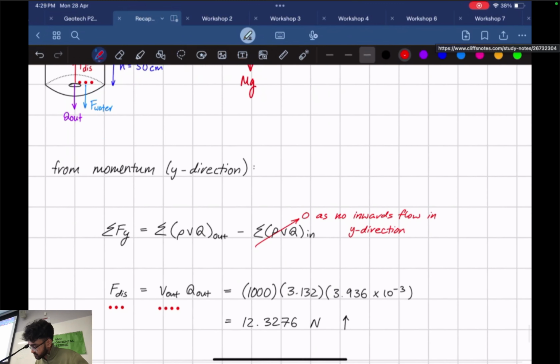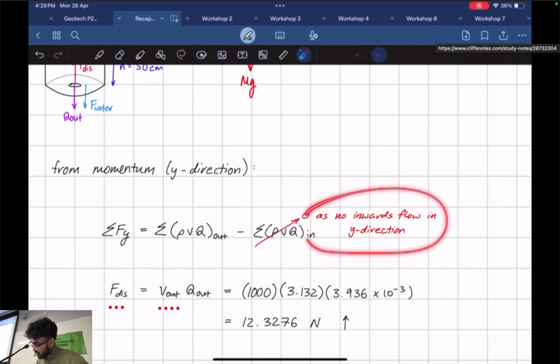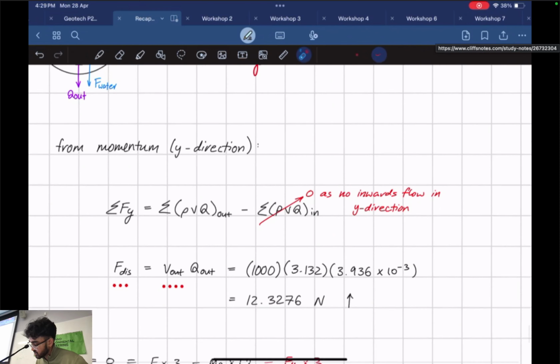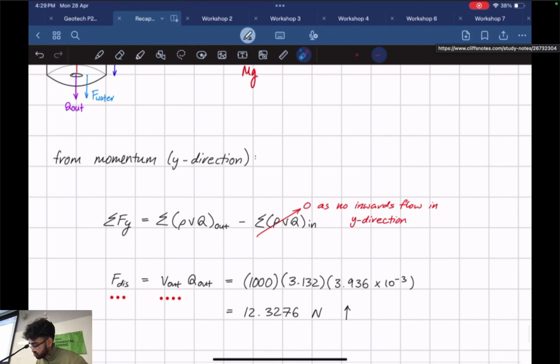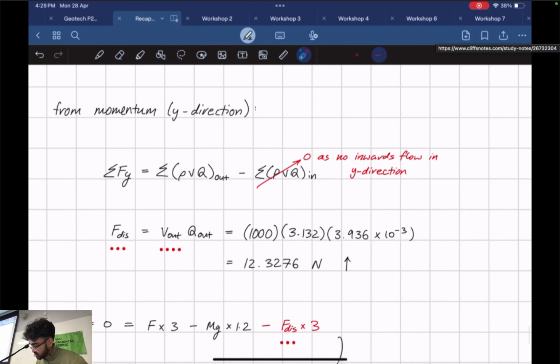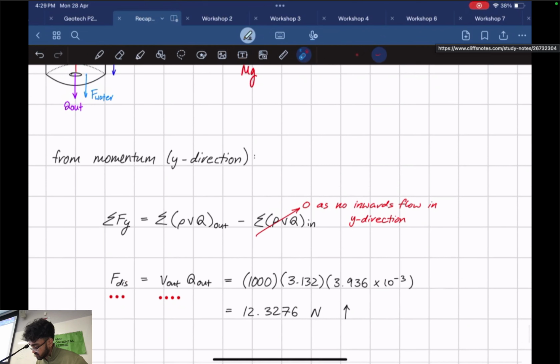So, as there's no inward force in the y direction, sum of forces in the y is going to be our F discharge, and I'm just completing this over here.